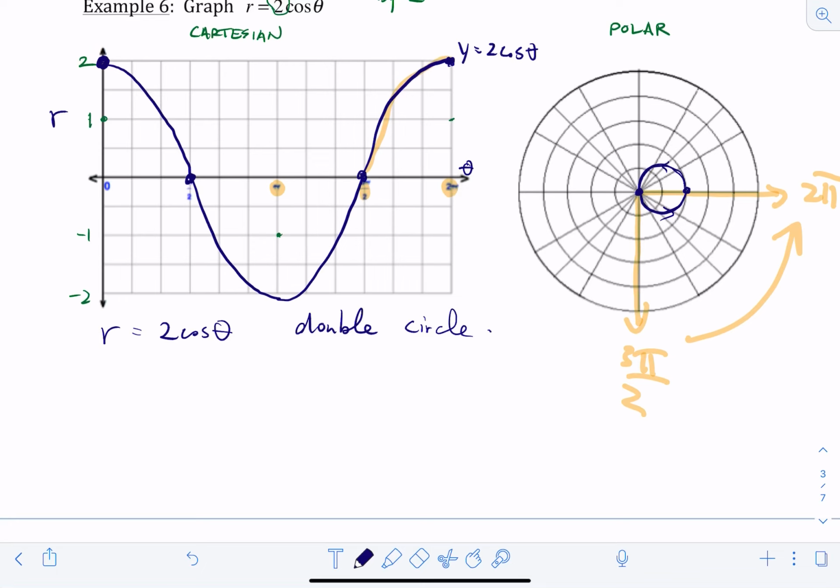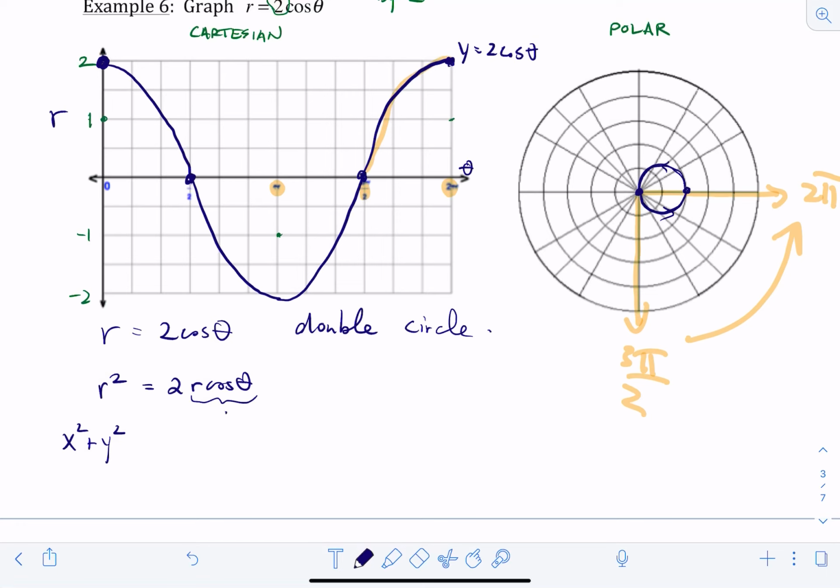Check this out. Let me multiply both sides of this equation by r. If I multiply both sides of the equation by r, I get r squared is equal to 2r cosine theta. But we know that r squared is x squared plus y squared, right? And we know that r cosine theta is x.